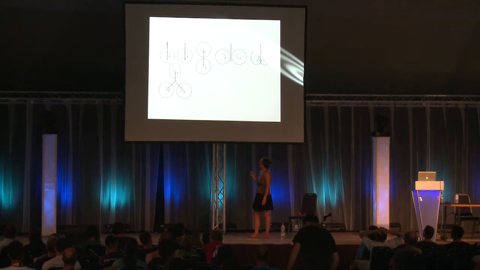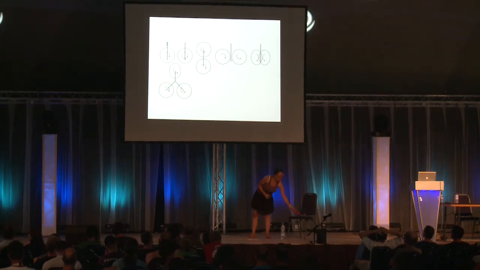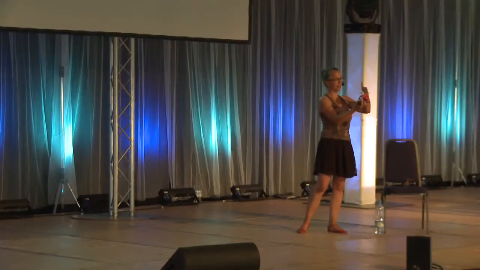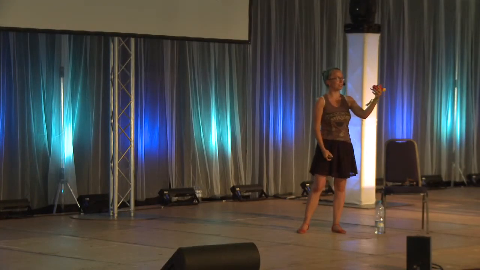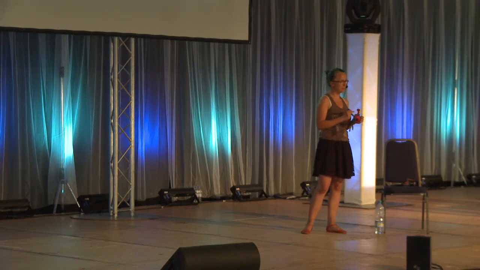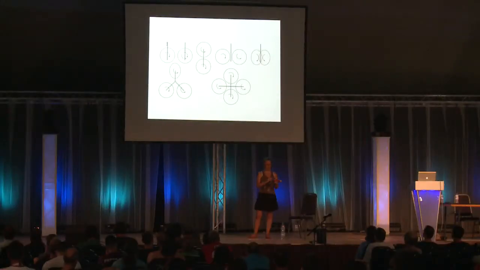And the third setup would be a tricopter. We have two in front and a tilted version in the back that counteracts the generated thrust of the rotors in the front.